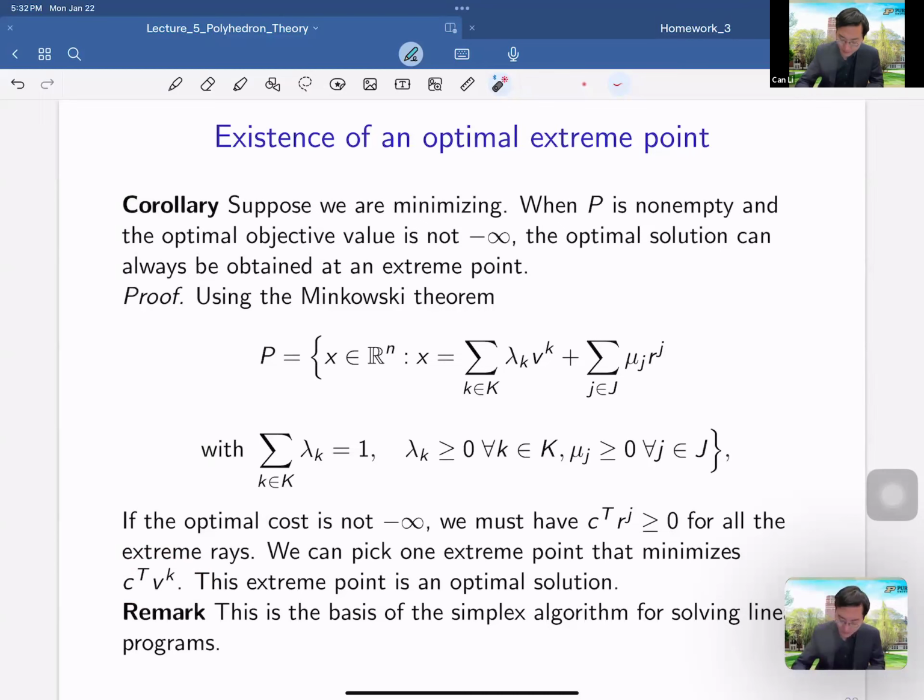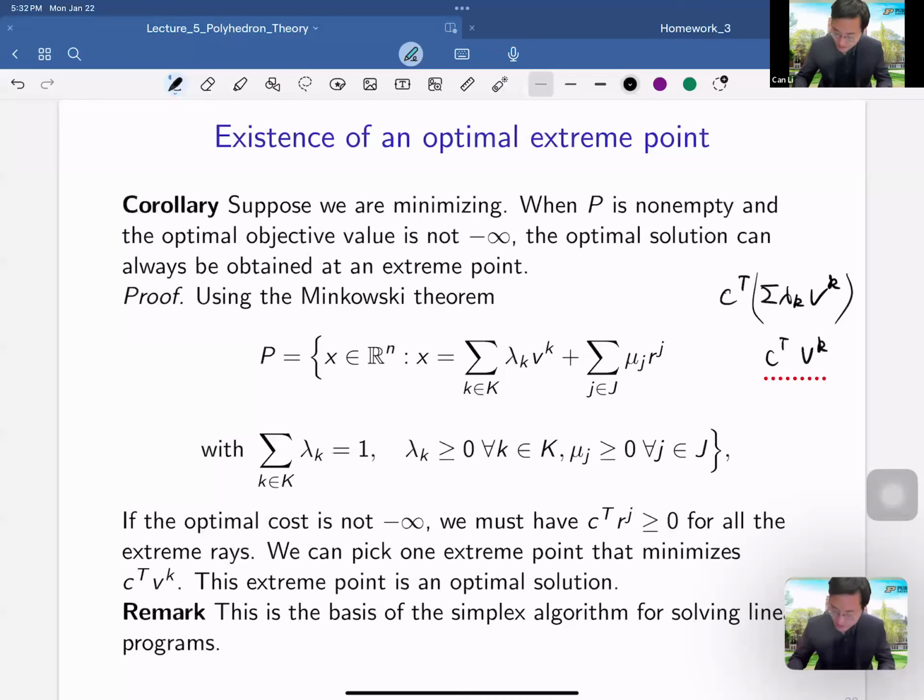So if the extreme rays all have non-negative product with c, then the rest of the problem is nothing but c transpose times the summation over lambda_k weight v_k. That's a convex combination of all the extreme points, because the lambdas have to sum up to 1. So we can always pick the extreme point such that c transpose v_k is minimized.